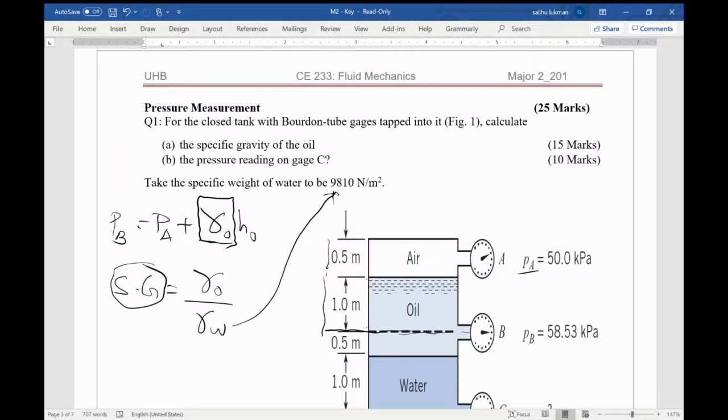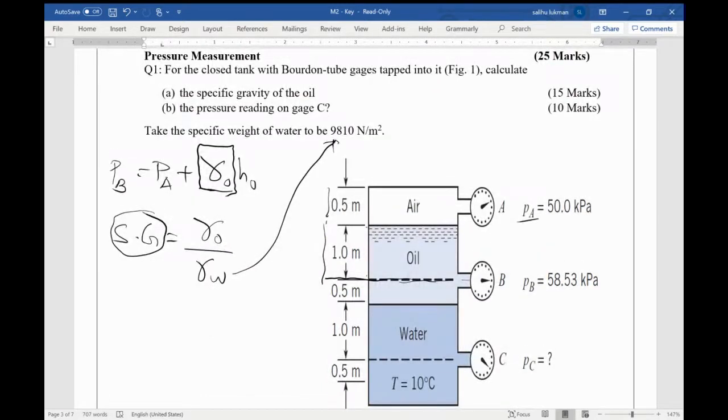So from here you can get specific gravity. Very simple, straightforward. And pressure at C. Pressure at C would be the pressure due to this column of fluid, where you have water and the height of water, plus you have this oil and the height of the oil, which is 0.5.